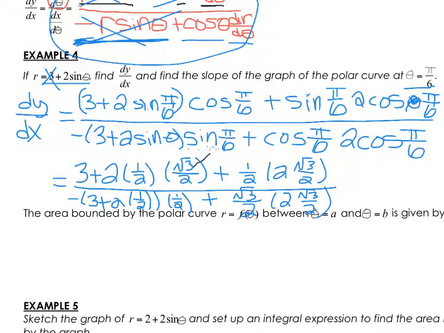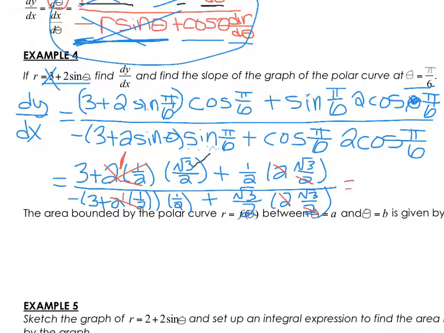All right, from here it's just a happy day of canceling and kind of reducing things out. So, you know, this and that kind of kill each other to be a 1, right? And then this 2 takes out that 2, this 2 and that 2 similarly. Again, this cancels out to be a 1 there.